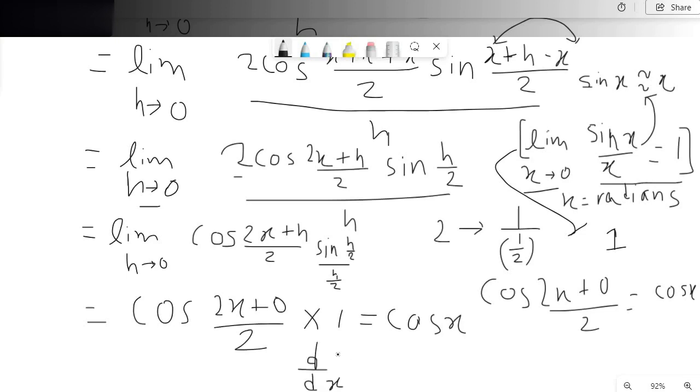So therefore we have proven that the derivative of sin x, or d/dx of sin x, will be cos x. So now let's apply the same kind of principles for cos x.